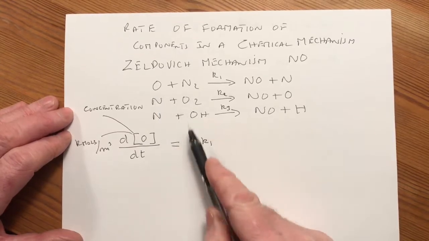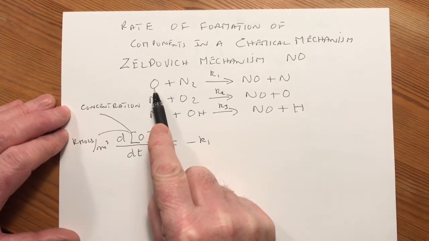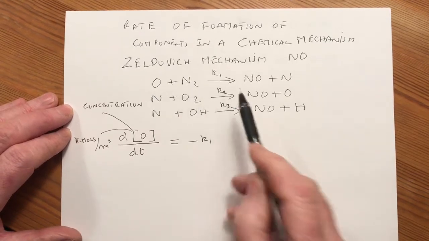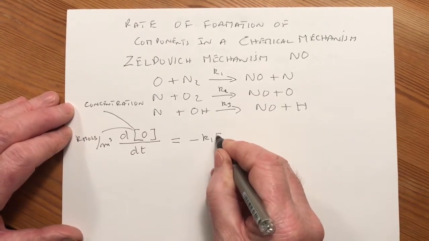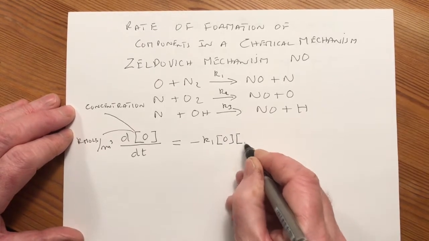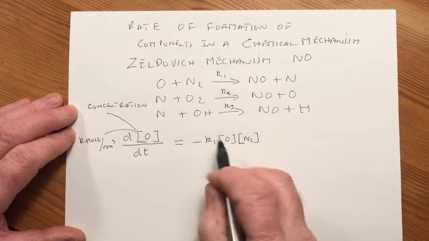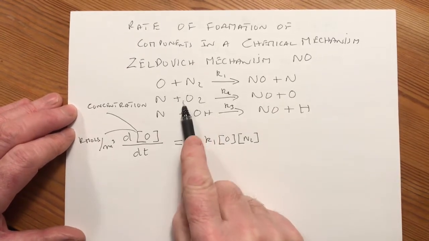The relevant components are O and N2, so that is the product of the concentration of O multiplied by the concentration of N2. Right, so that's the first reaction.